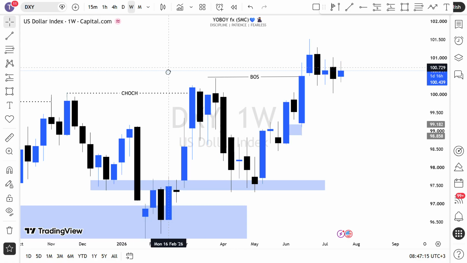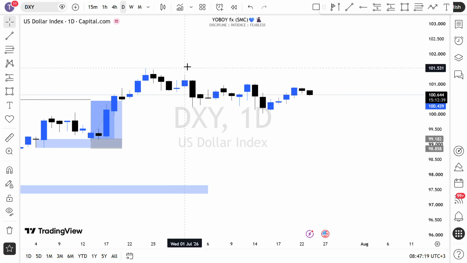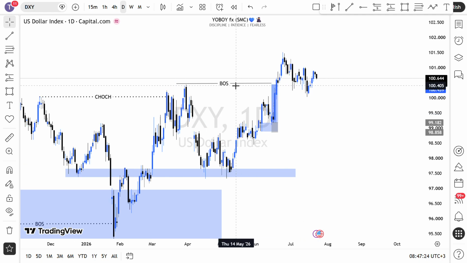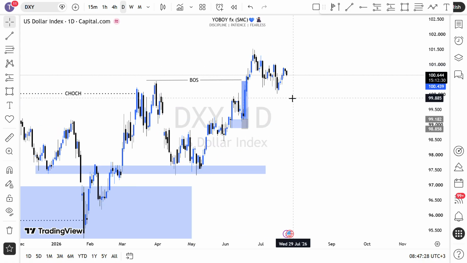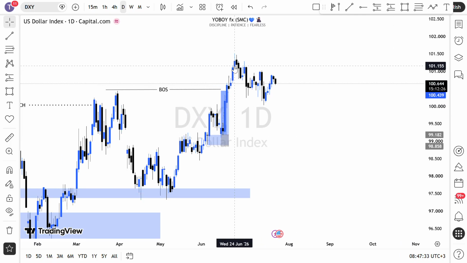Now we are going to drop down into a lower time frame, maybe a daily time frame, and concentrate on this retracement after the market giving us a recent break of structure upside here. So we are going to see if we can capture some entries from this retracement.